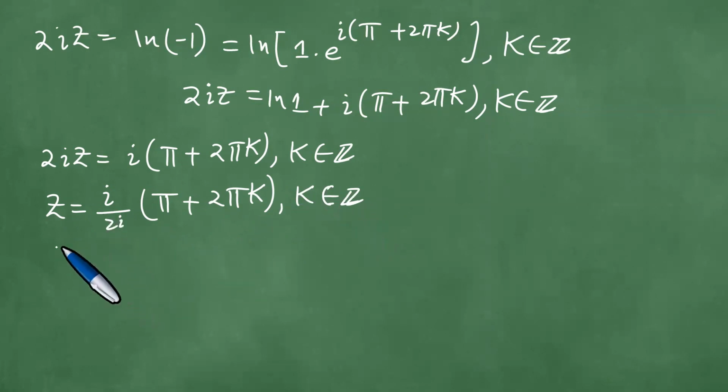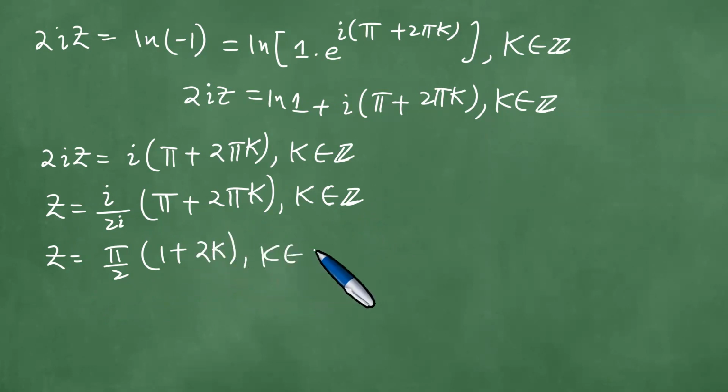So obviously i cancels out, and we can pull out pi as a common factor. This gives us pi over 2 into 1 plus 2k, where k is an element of z.